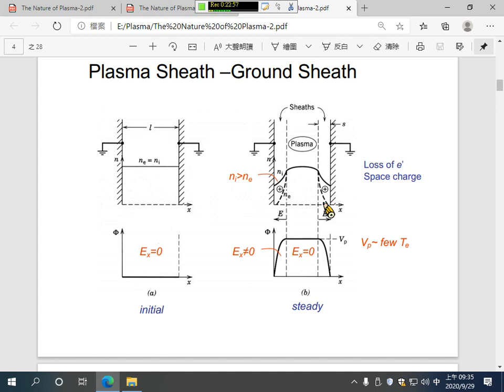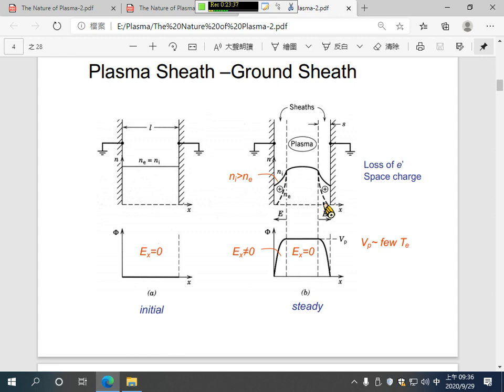And if we only consider the direction normal to the surface of the metal plate, when electrons and ions come to the surface of the plate, the velocity of electron is much higher than the velocity of ions, so we can calculate the flux of electron and the flux of ions along this direction.